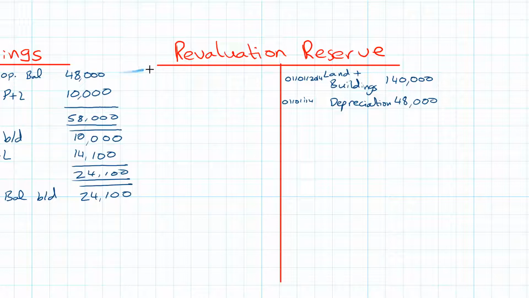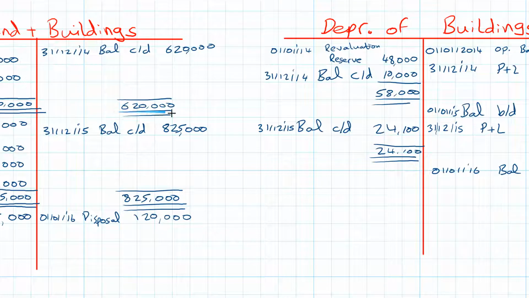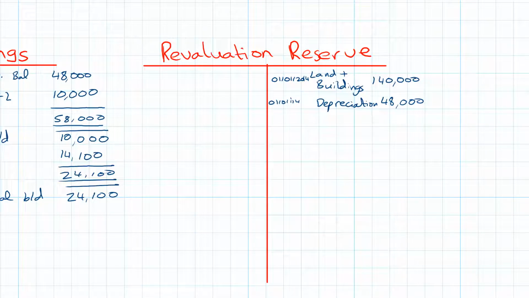So we already revalued the land, so we bought it at 80,000, but we increased its value by 40,000. Okay, so you can see that here. So what we're going to have to do is take out that 80,000. We're going to have to take it out of revaluation reserve. The reason we take it out of revaluation reserve is we can now realize our profits. So our 40,000 profit can now be realized. So it means that we can actually cash out or avail of that money now.